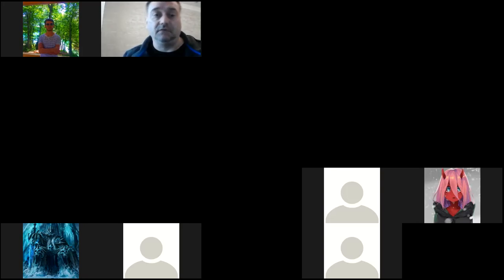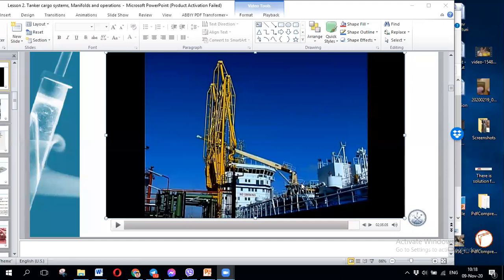If the wind increases or another vessel passes near your vessel, your vessel starts moving up and down. By eye you cannot see it, you don't even feel it, but the vessel is moving. And if the vessel is moving, this cargo arm can be damaged or disconnected. In this case a very bad situation could happen, and you may see this situation in the next video I will show.